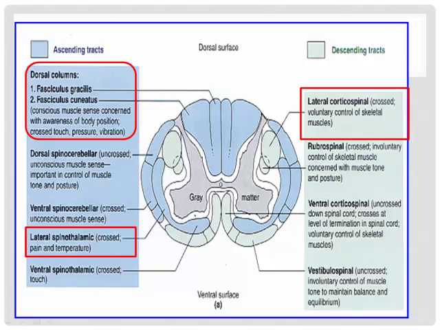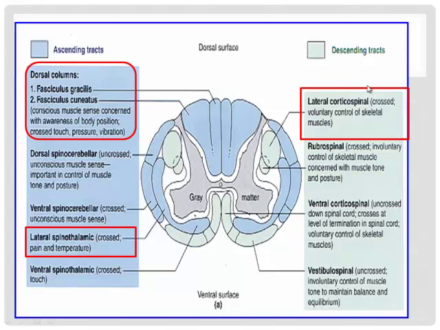This becomes a very important component in the ascension of these major components. In addition, you also have the lateral spinothalamic tract, which is where pain and temperature are carried in the white matter. These are the main ascending tracts in the spinal cord.